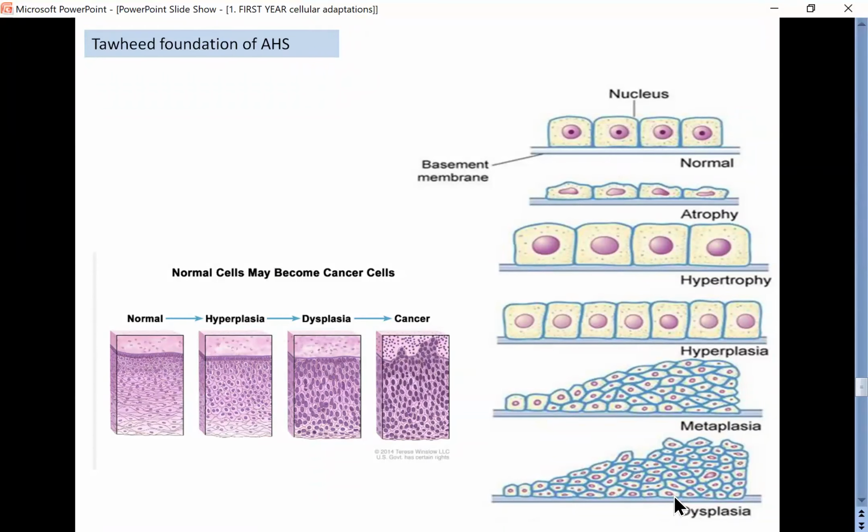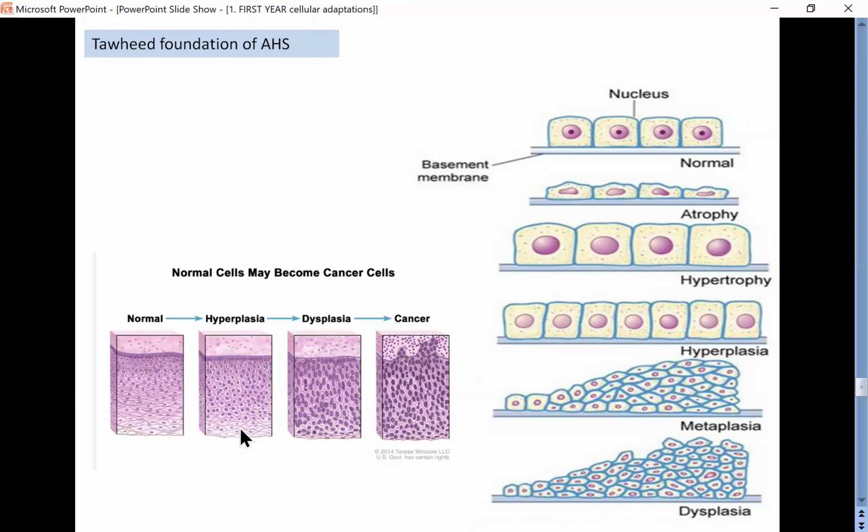There's one more condition where you can see the replacement of the cells by an abnormal type of cell, which is called dysplasia. Usually in cancers, a normal cell undergoes an injury, or the cell may have some stimulus. Then the cell will try to adapt to that kind of stress.